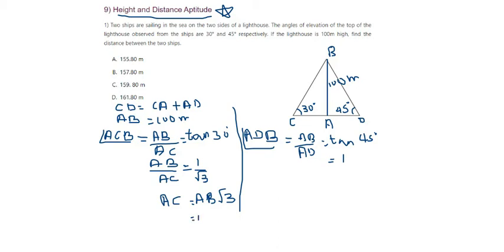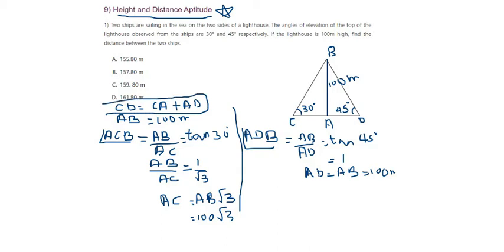So therefore AC is 100 root 3, while your AD is equal to AB, equal to 100 meters.